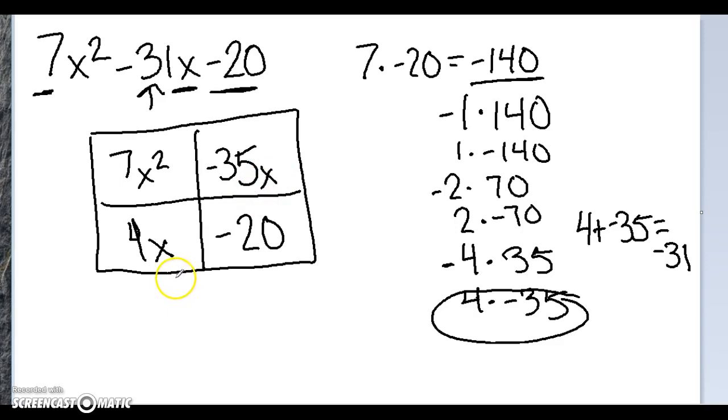Now, using our box method, we're going to look for the greatest common factor for each row and for each column. So for my first row, the greatest common factor would be 7x. Both of these terms are divisible by 7, and they both have at least one x, so they're both divisible by x. For my second row, both of these terms are divisible by 4.